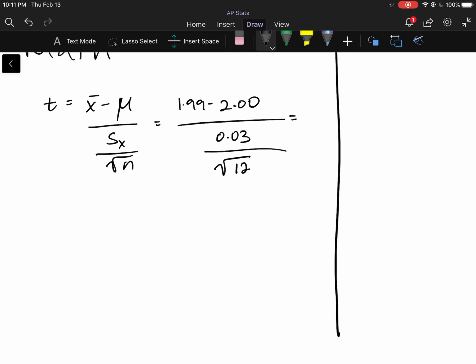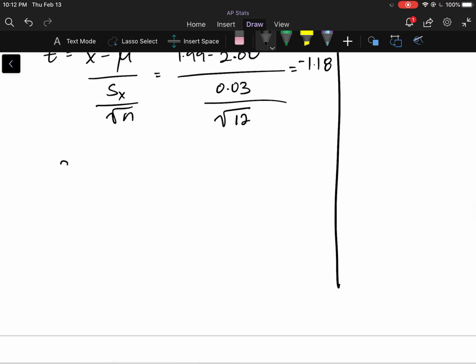And once I put this into the calculator, so you're going to put this into your calculator, either actually calculating this value or putting it into the t-test, you get negative 1.18. Next, I need to state my degrees of freedom. So that's df is equal to n minus 1, which is 12 minus 1, which is 11.